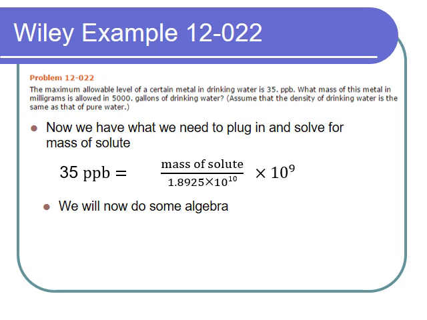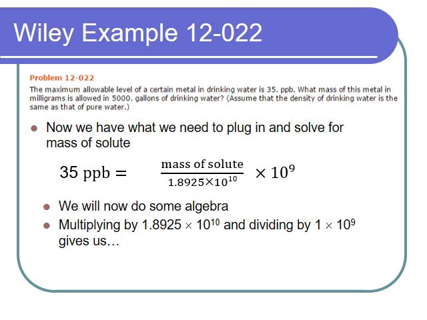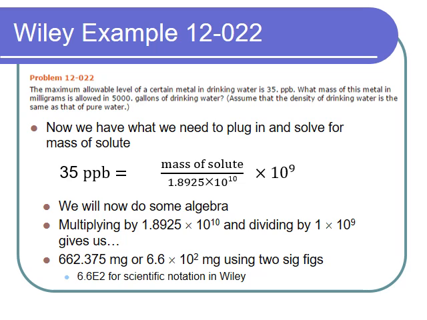Isolating that mass of solute will require us to multiply by 1.8925 times 10 to the 10th. We will divide by 1 times 10 to the 9th. Go ahead and do that calculation. I get 662.375 milligrams.